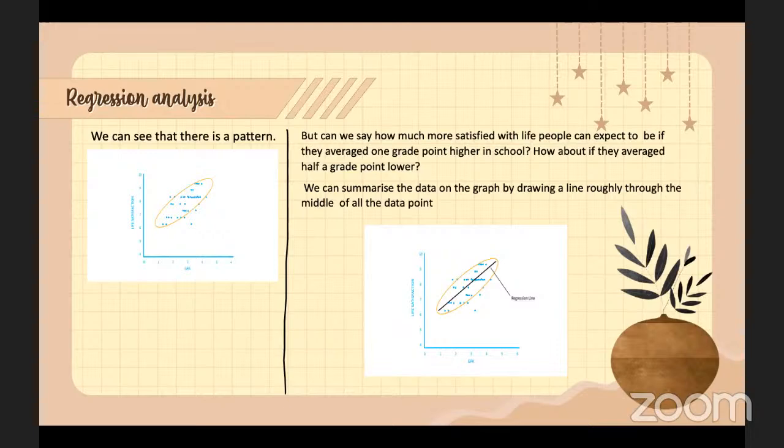How about if they average half a grade point lower? We can summarize the data on the graph by drawing a line roughly through the middle of all the data points, as you can see here in the graph.